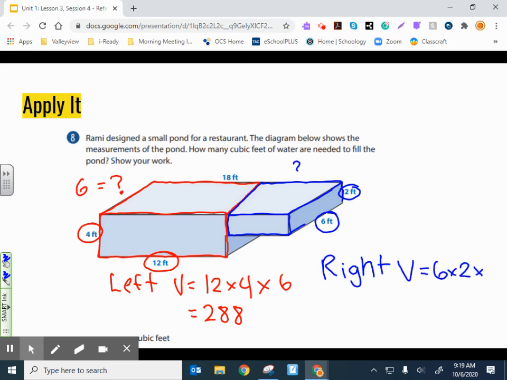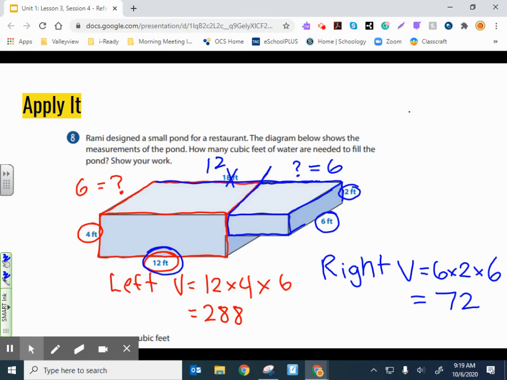We don't know what this is right here, unless we notice that we've got this 12 right here, and this whole length here is 18. That lets us know that 12 of that 18 is this, so this is also 6. Okay, so this one is 6 times 2 times 6, and that will equal 72.